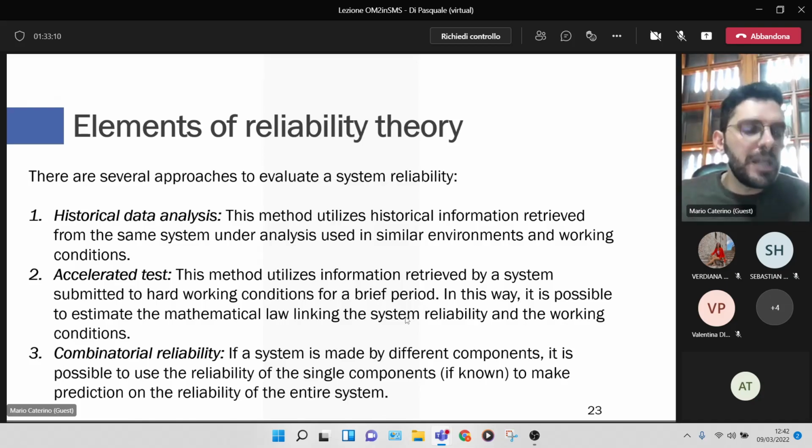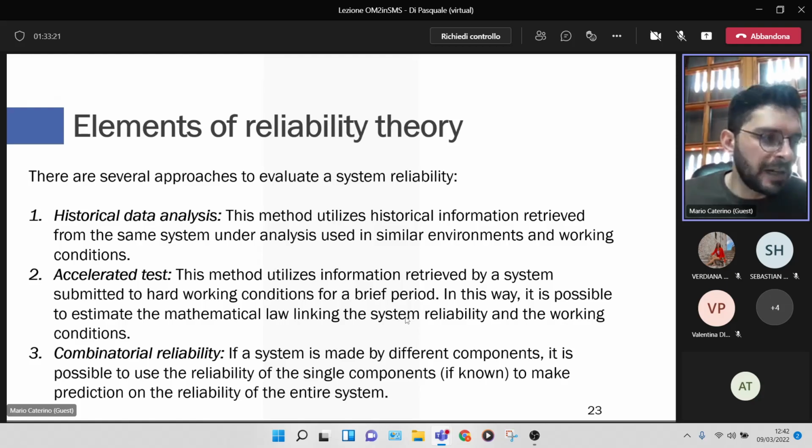And each one of those components has its own reliability, and the combinatorial reliability theory tries to model the total reliability of the system, relying on the knowledge of the single component reliability and of the relationships among components.